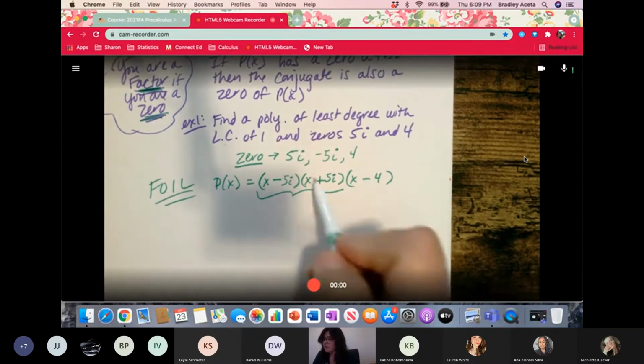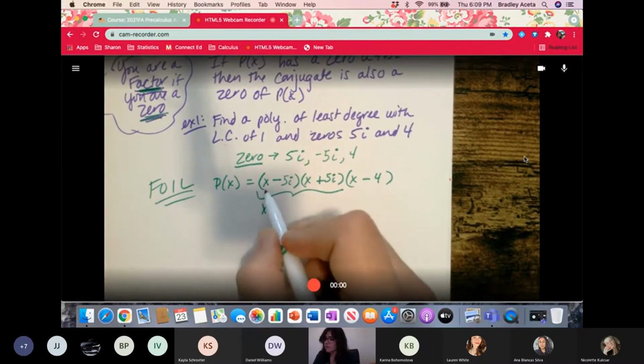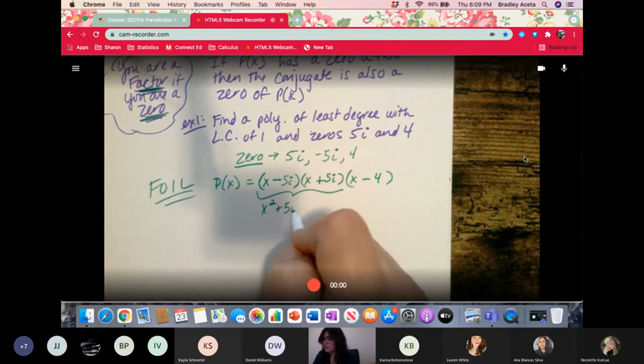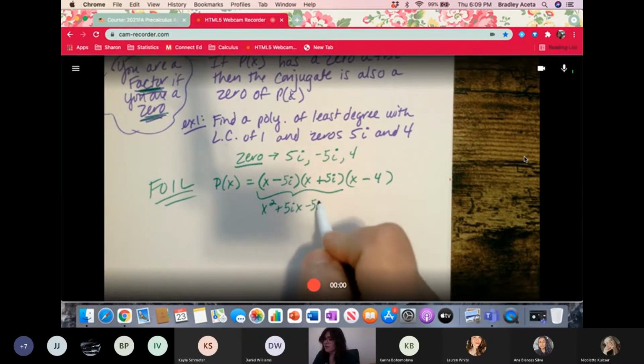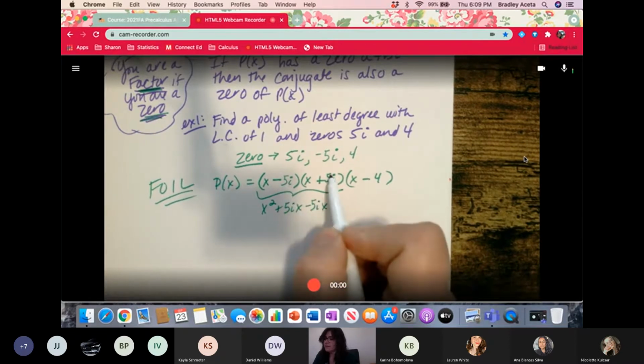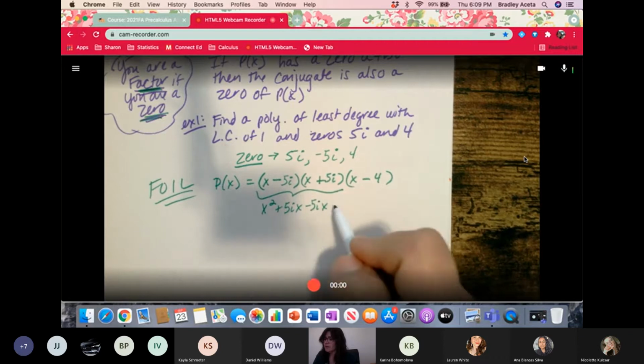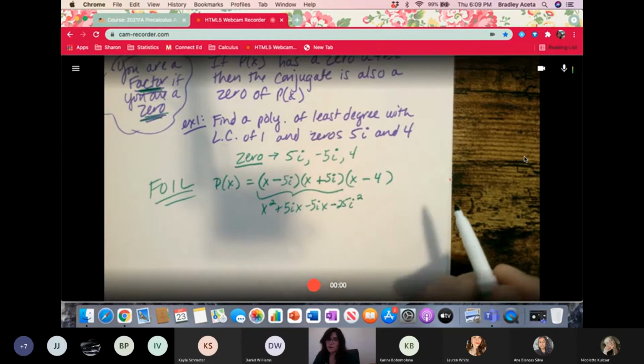If you do first times first, which is x squared, then outside, x times 5i would be 5ix. And then negative 5i inside, negative 5i times x is negative 5ix. And then last would be negative 5i times a positive 5i, which is negative 25i squared. But what is i squared?